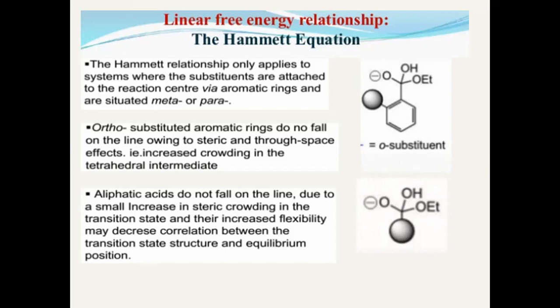So aliphatic compounds are not studied by Hammett, and ortho aromatic compounds are also not studied by Hammett. So what is under study of Hammett? Only meta and para aromatic rings. That's all.